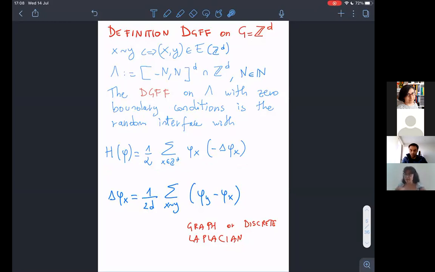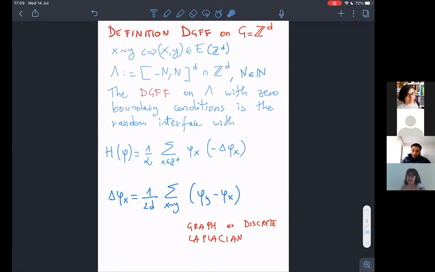So what the graph Laplacian is: if you take the graph Laplacian delta of a height configuration evaluated at a point x of the lattice, what you're getting back is the mean height of phi of the configuration around that point. So essentially, the graph Laplacian is doing what the continuum Laplacian does in R^d. So it averages out a function around the point, or gives me back the average around the point.